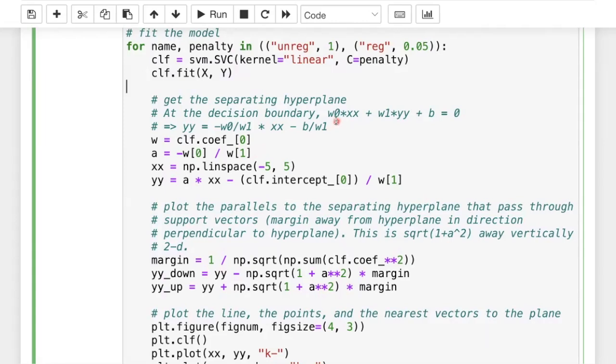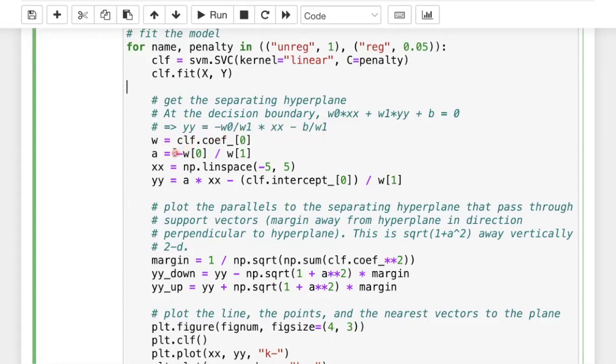Let's say we have W0 times x plus W1 times the second dimension, which I show here as y, plus b. We can assume that x is our independent variable and y is our dependent variable, and we can use this equation.